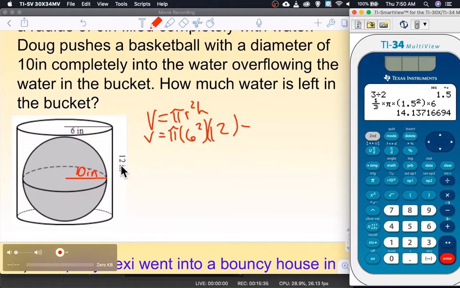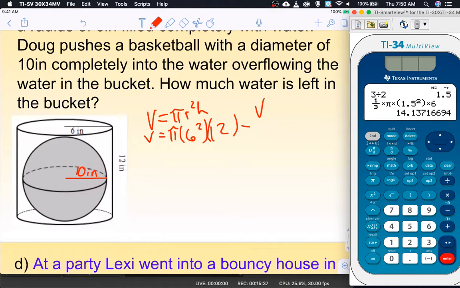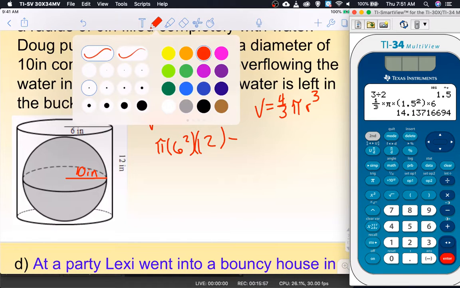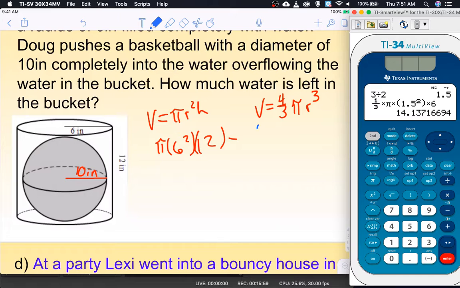So that's what we're going to do. The volume of a basketball, the formula is V equals 4/3 pi r cubed. So I'm going to start getting rid of some of this just to simplify the problem a little bit. So 4/3 pi, my radius of the basketball.